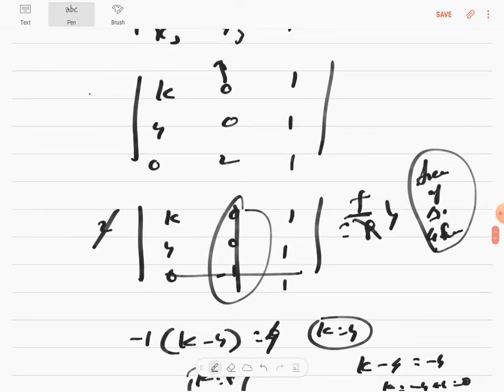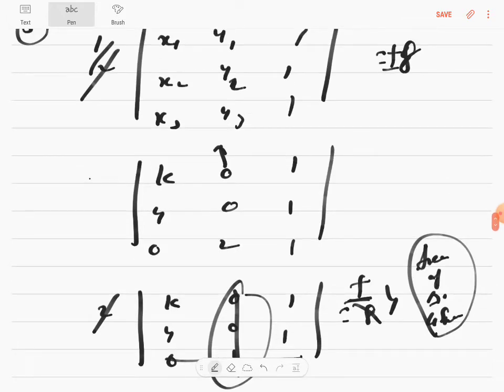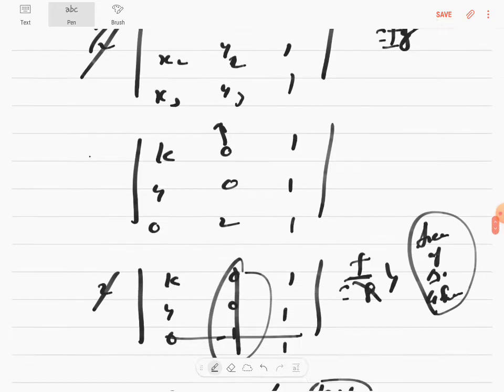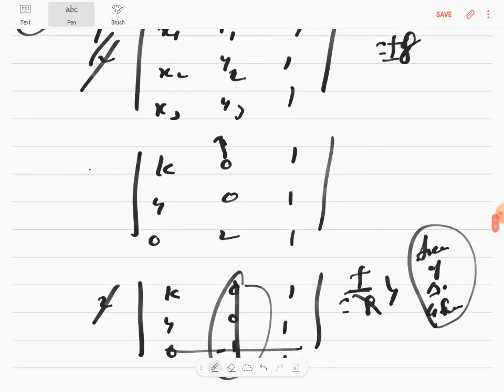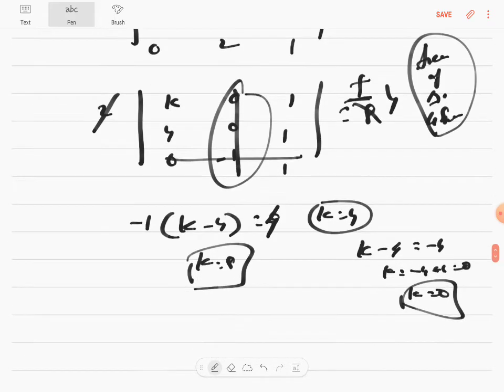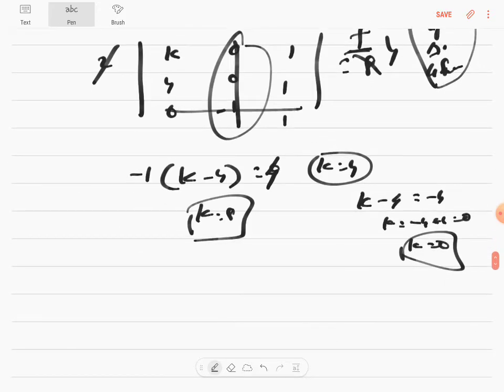What's been given is not collinearity for me to equate to 0. It's given that the area is equal to 4 square units, but after taking the 2 out it became plus or minus 8. So then cancelling the 2 off after taking it common from the determinant, and then expanding and equating to plus 4 or minus 4, you get 2 different answers. That's very, very important, which we tend to forget, the plus or minus 4. So do the sums and become clear.